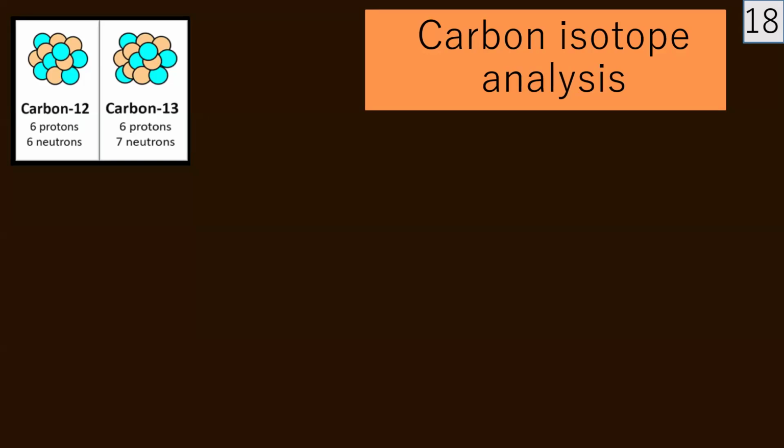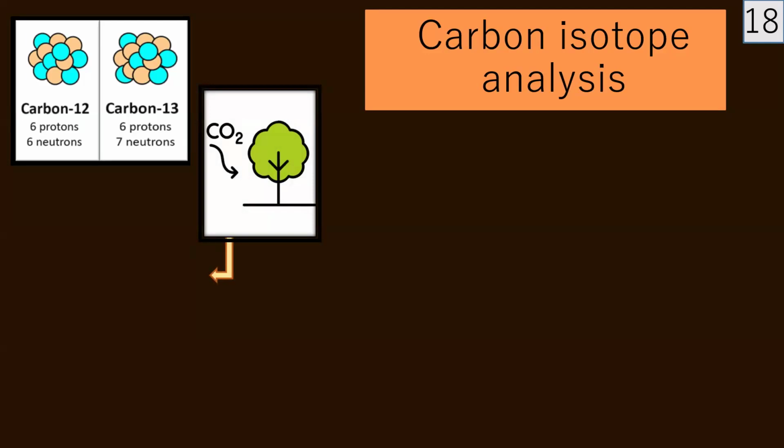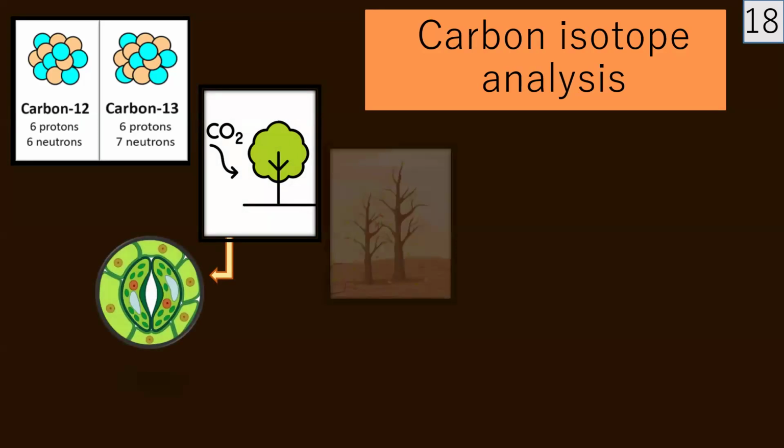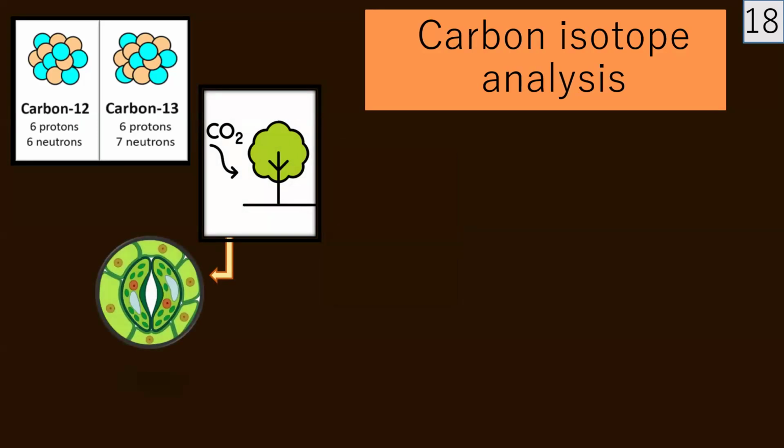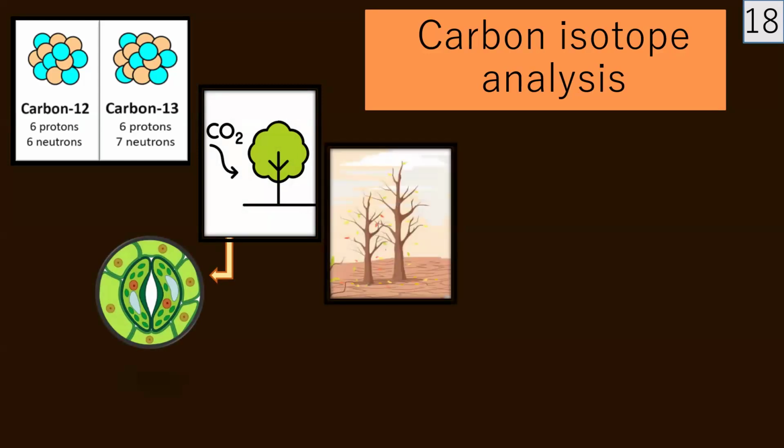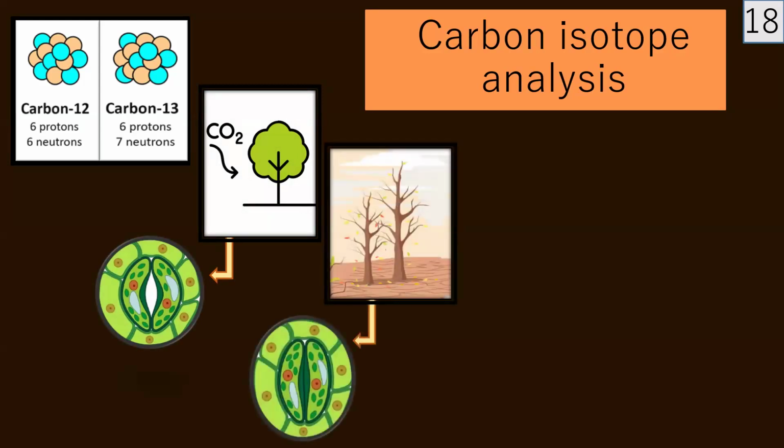In a normal scenario, trees take up carbon dioxide from the atmosphere and convert it into carbon-12 and carbon-13 inside the plant cells. During a normal scenario, the plant uses more of carbon-12 because it's a lighter isotope for photosynthesis and other activities. However, during a stress or drought condition, the plant closes its stomata, and as a result there is almost no intake of carbon dioxide.